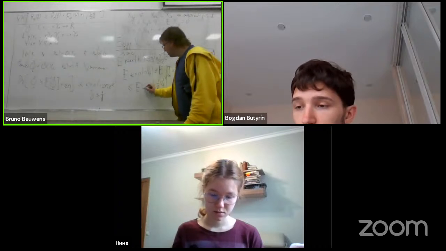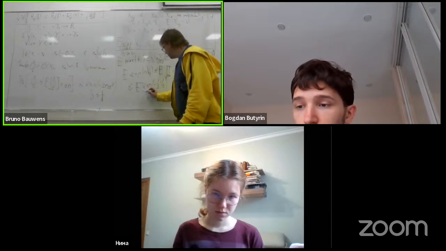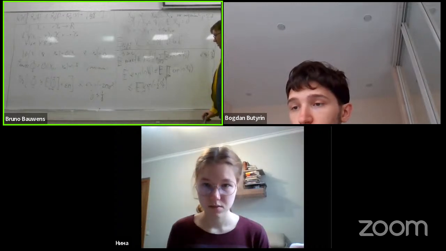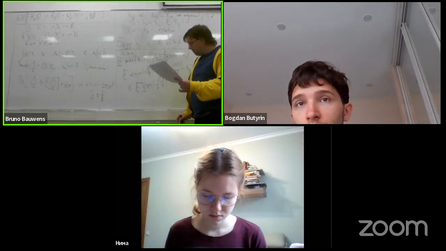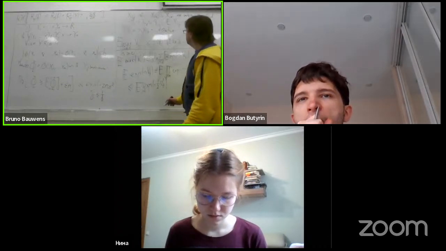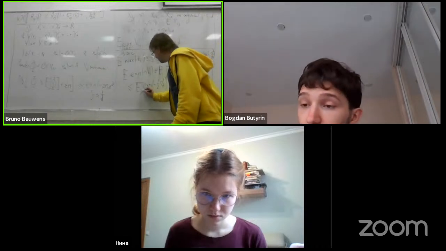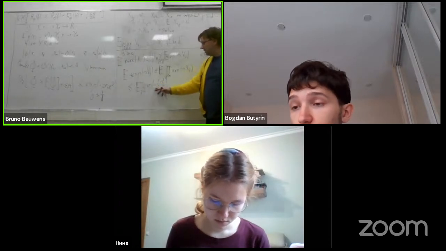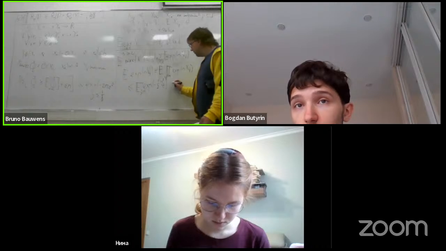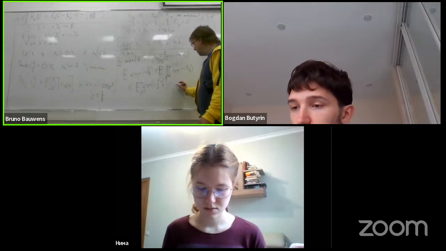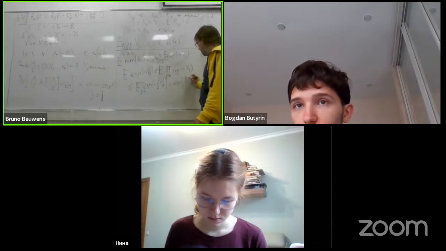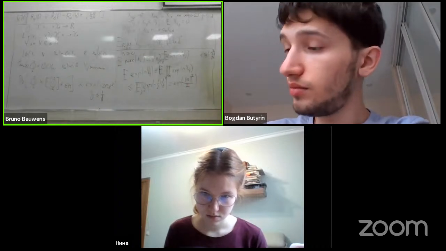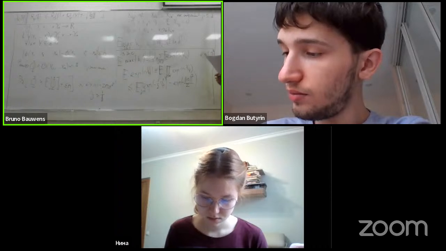And I forgot the product is still here over all J smaller than N. And so when we take the product inside the exponent, it becomes a sum, and so this is equal to exponent minus R squared over 2. Okay.